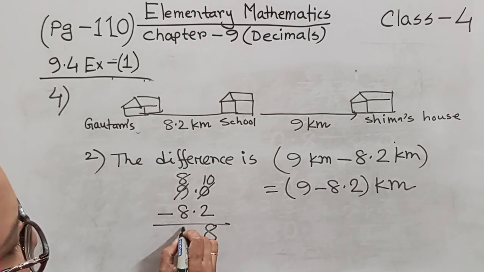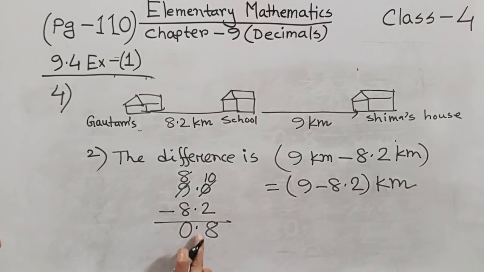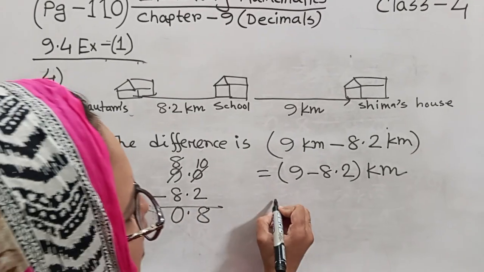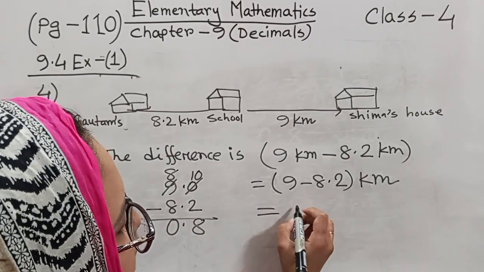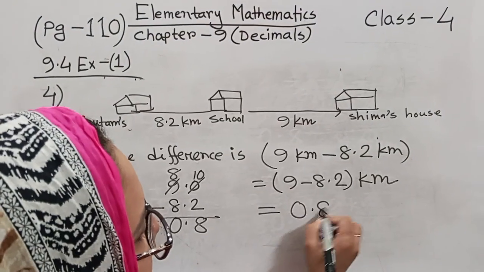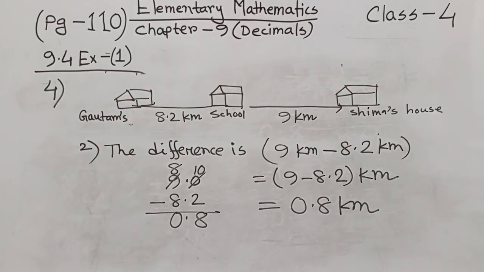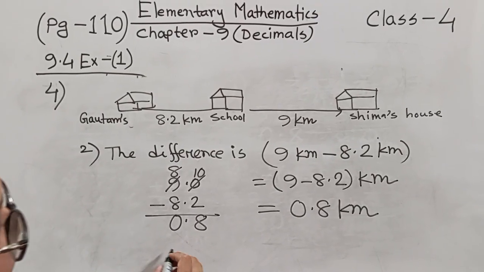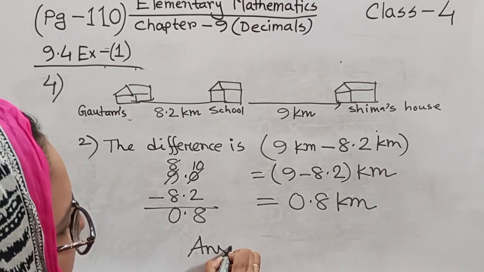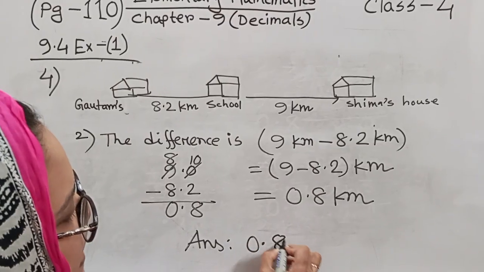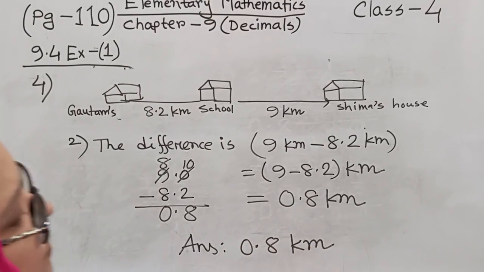And 8 minus 8, 0. And the decimal point will be in the same place. So after the subtraction it will be 0.8 kilometers. So here we find the difference of the distance, and the answer is 0.8 kilometers. Finished.